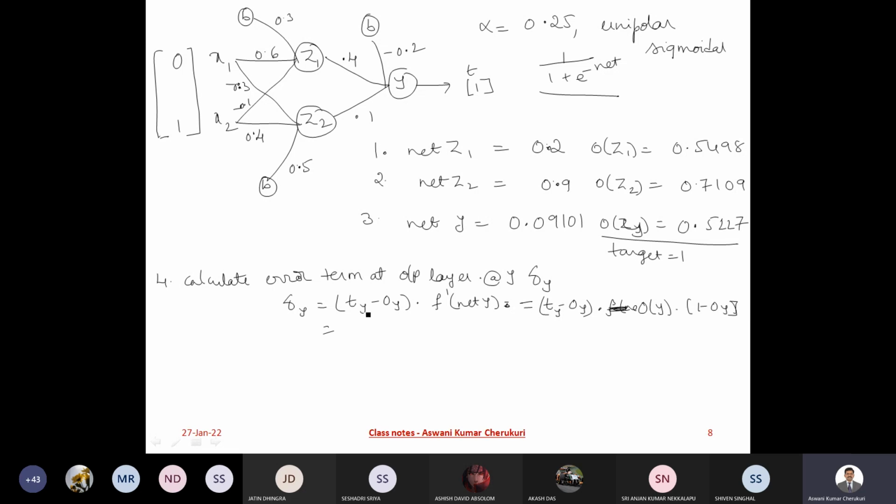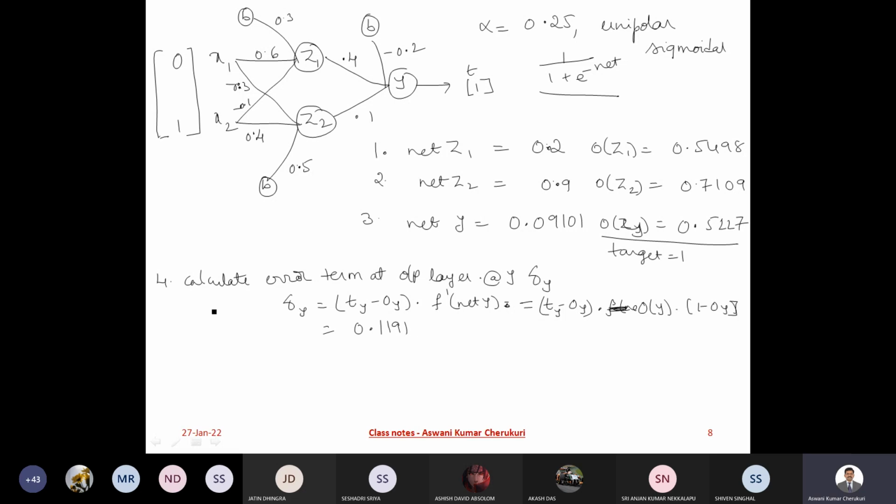Target is 1, actual is 0.5227. So 1 minus 0.5227 into 0.5227 into 1 minus 0.5227. What is the value you get? Around 0.1191.